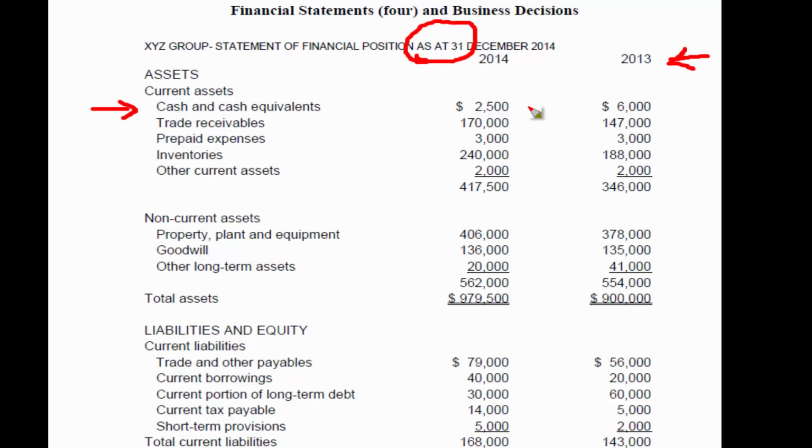This $2,500 is the value on December the 31st. It may not be the value on December the 30th or January 1st.